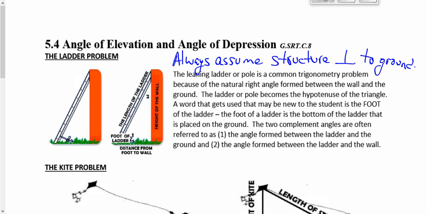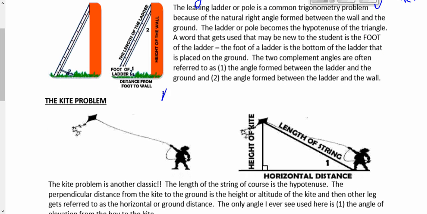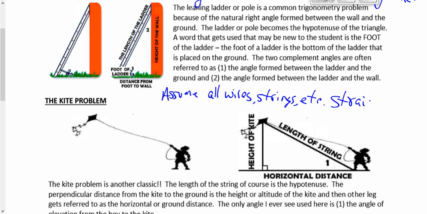We assume it's pulled taut and effectively straight, right? So assume also all wires, strings, etc. are straight, not curved. And that'll give you like a nice hypotenuse for your triangle, right? Okay.